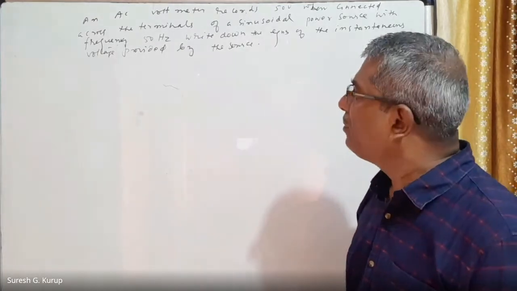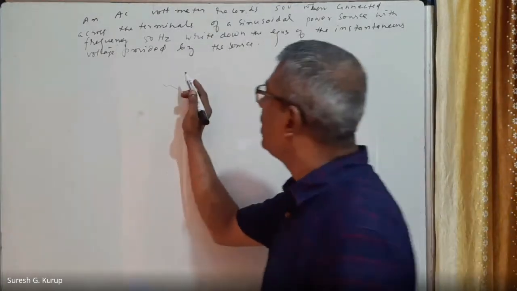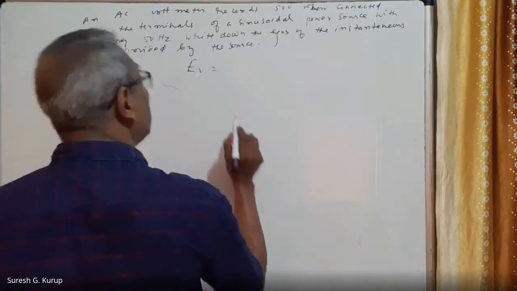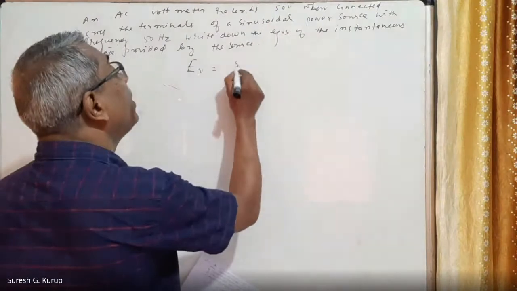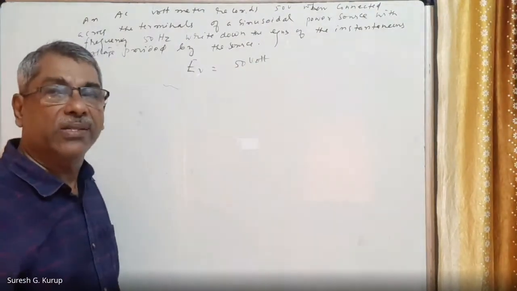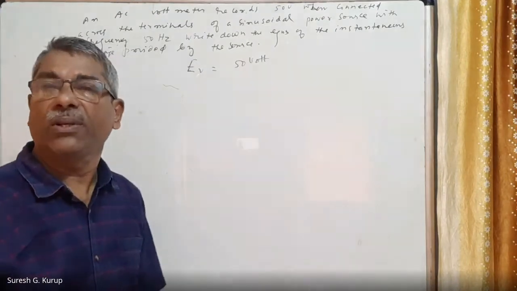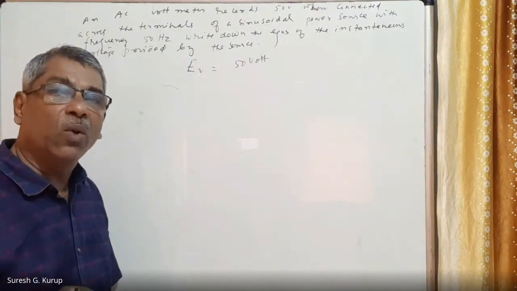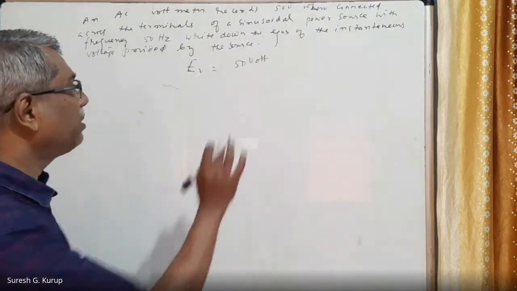So without any fear, we can write EV is equal to 50 volt. Understood? In an AC circuit, a voltmeter always shows the RMS value of voltage, and an ammeter always shows the RMS value of current.